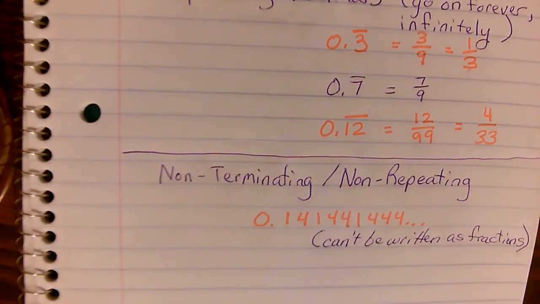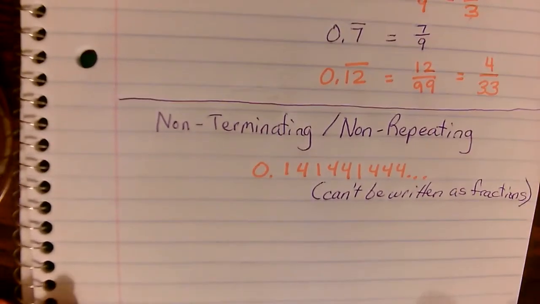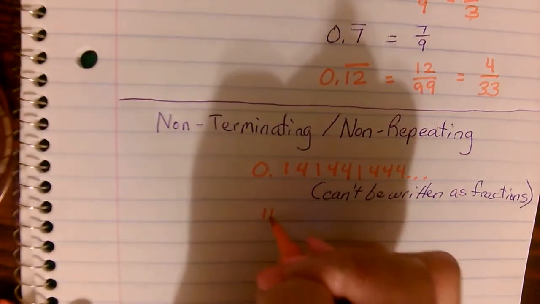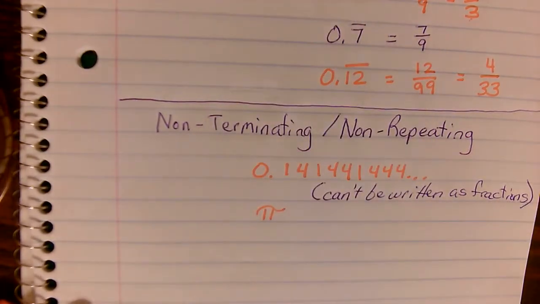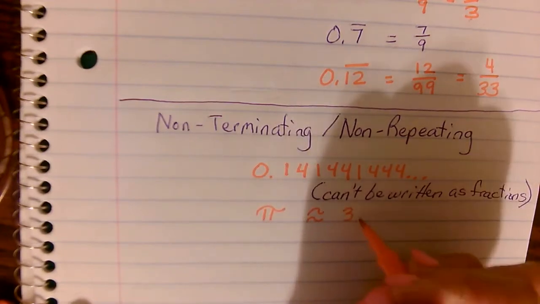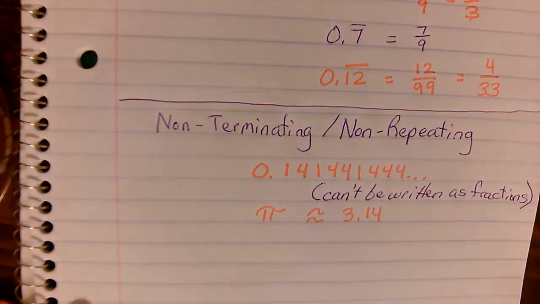Now there's a number here that you're very familiar with. You hear about it in geometry. Probably heard about it in 6th grade, maybe 5th grade. And there's a symbol for it called pi. Now, pi goes on forever without a repeat. And we just refer to pi as a rounded number of 3.14 most of the time.